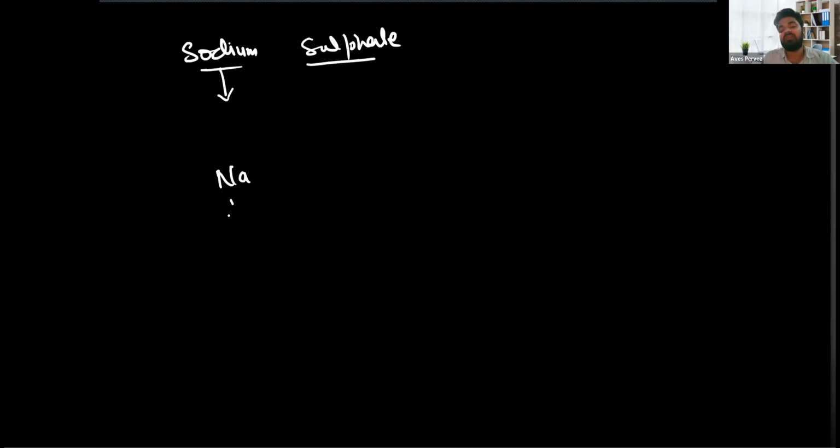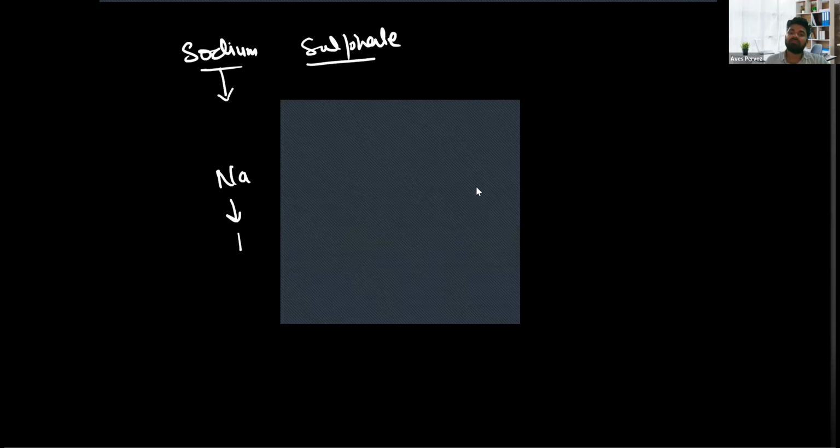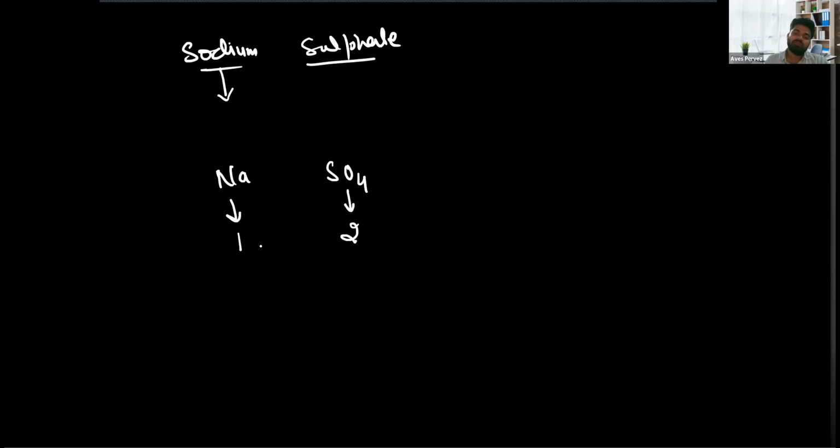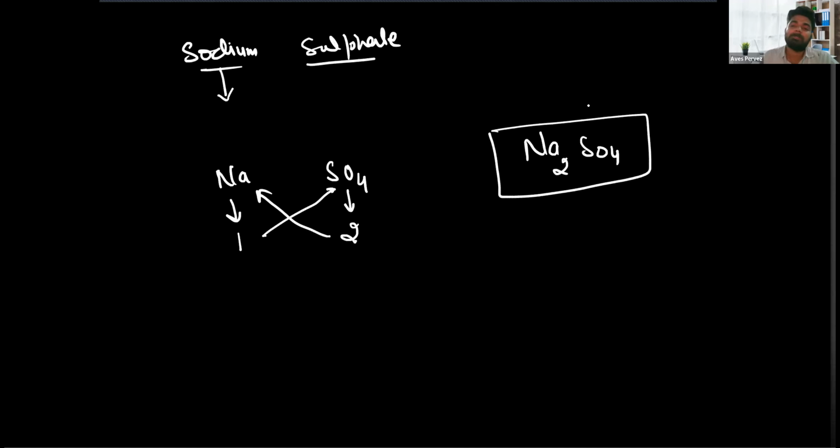I write sodium with valency +1, and sulfate is SO4, which has valency 2. So when you cross multiply these two, you will get Na2SO4 as the formula, and this formula is sodium sulfate.